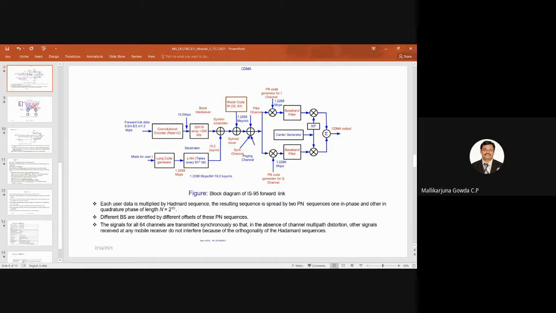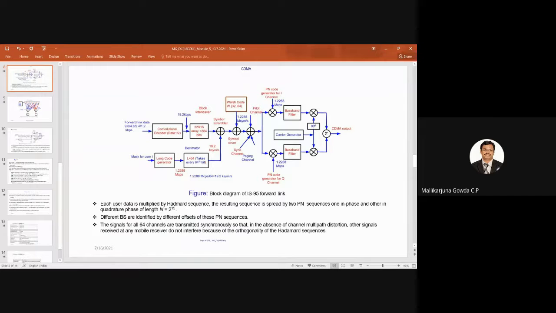IS stands for Interim Standard, by the Telecommunications Industry Association, in short TIA, for use in two frequency bands: one is 800 megahertz and the second is 1900 megahertz.